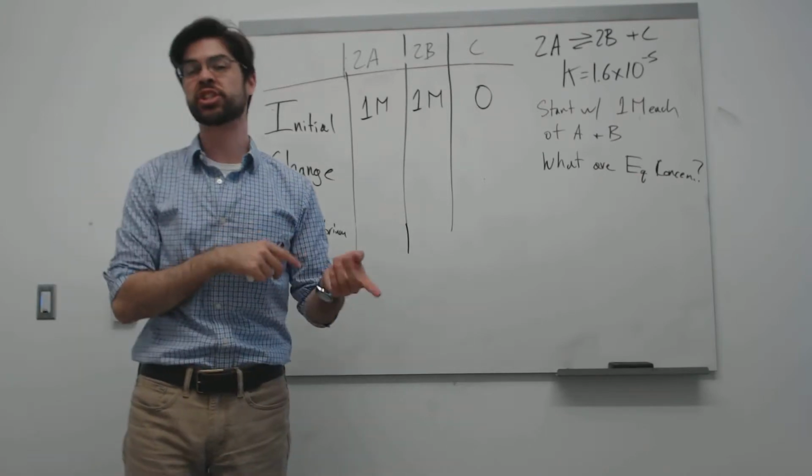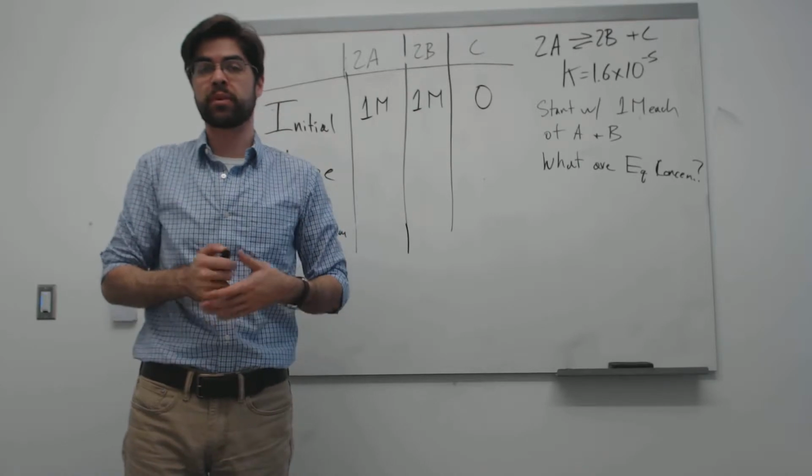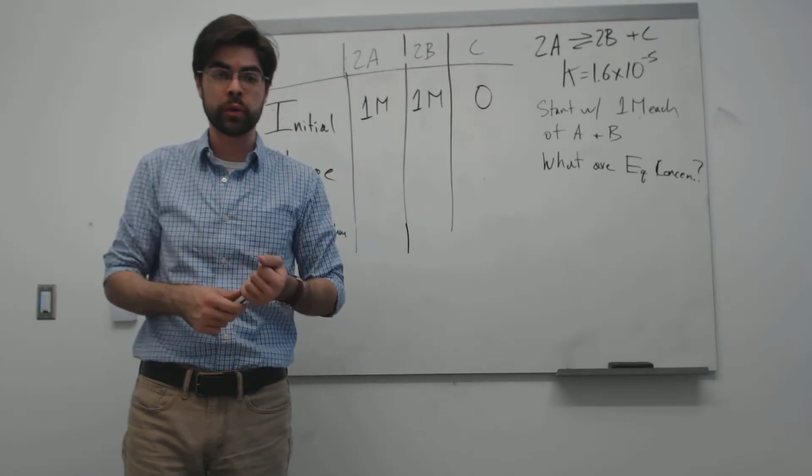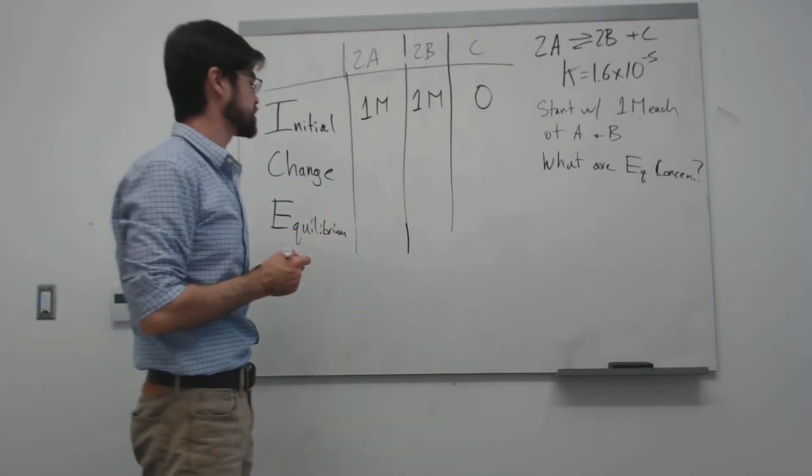It's going to, again, shift to the right, because I have no C molecules, at this point the reaction quotient is 0. So I know it's going to shift to the right and generate some products, generate some C.